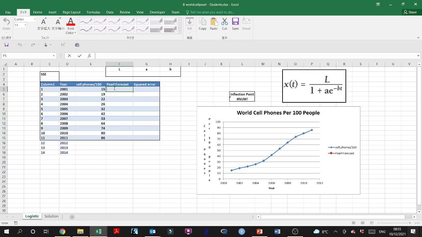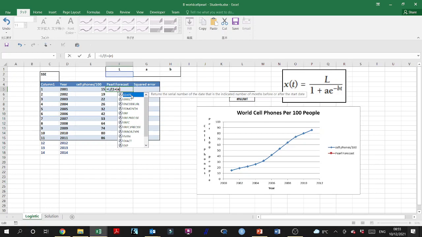So over here, we are going to enter the formula. L over 1 plus, I like to also put these into brackets, exponential of minus B. Where is A?